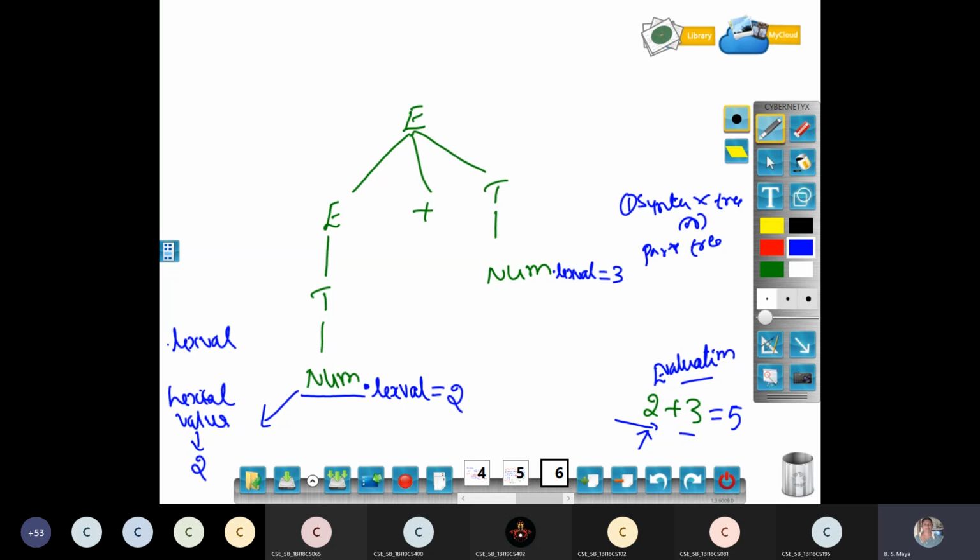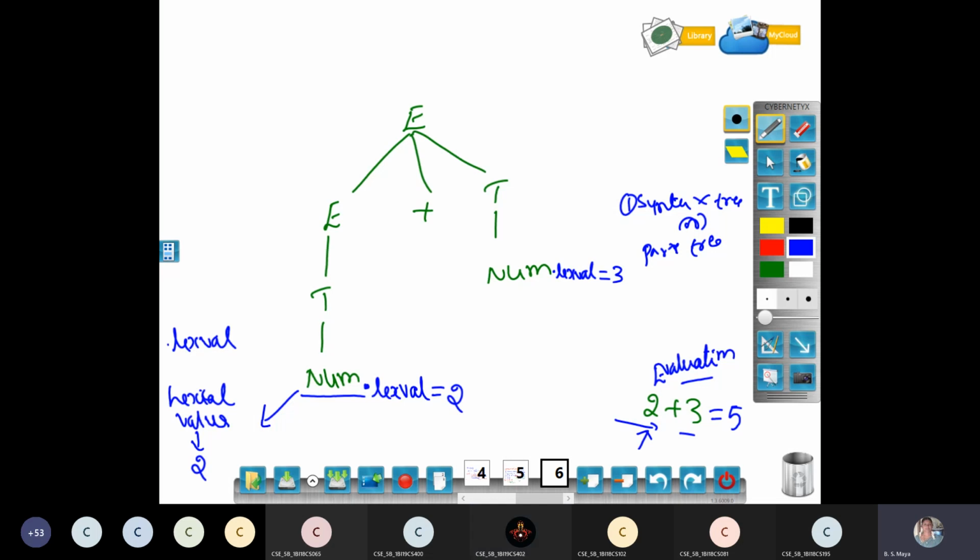Ma'am, in these steps we can give the same lexval for all terminal symbols. For all the terminals you should use lexval only. The value should be different, right? Yes, ma'am. But the token's attribute name should be lexval only. Clear? Any doubt? Okay.